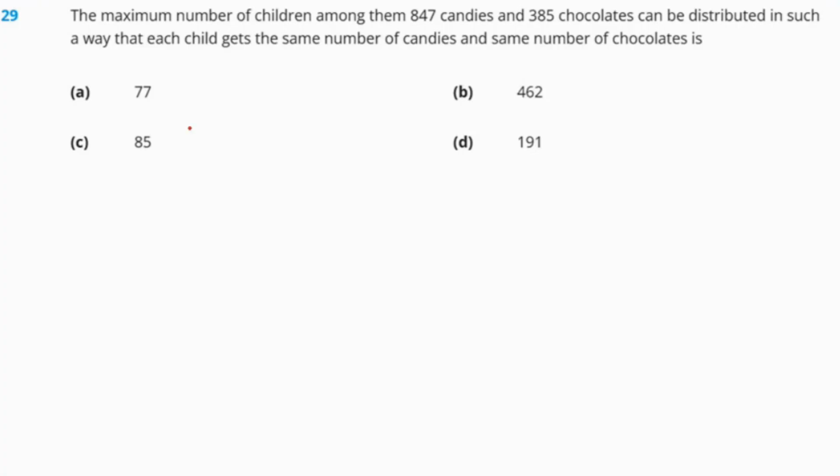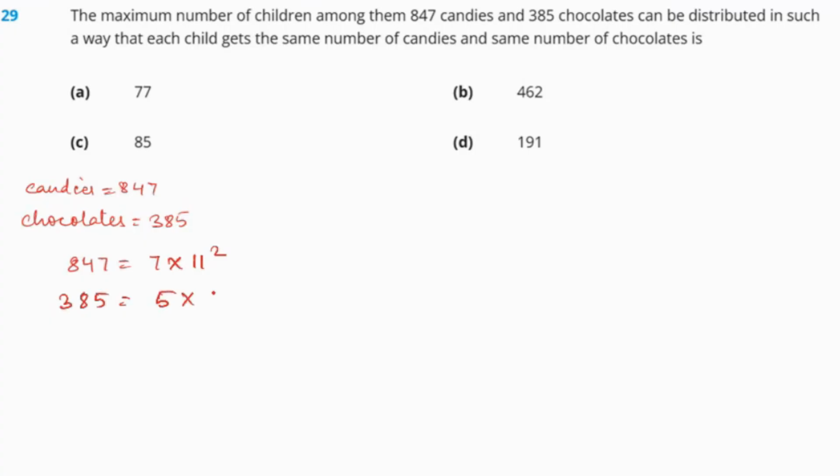So for that, since the number of candies is 847 and the number of chocolates is 385, we need to figure out their HCF first. 847 we can write as 7 times 11 times 11, or 11 square, and 385 we can write as 5 times 7 times 11.